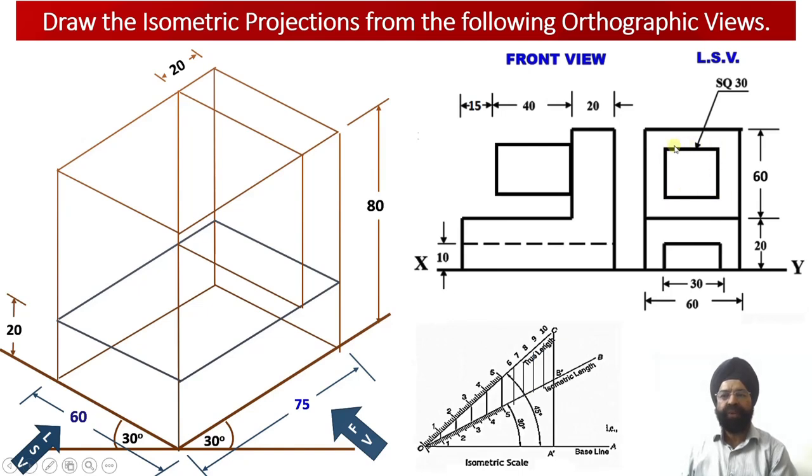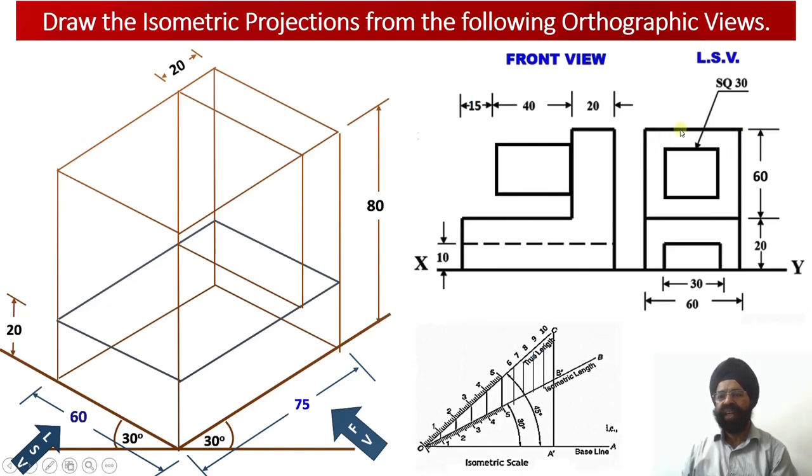Element number 3 is located such that this distance is 15 millimeter, this distance is 15 millimeter, this distance is 15 millimeter, and this distance is 15 millimeter. Why? Because this square prism, or square web, has been located centrally in front of the square vertical web, right?